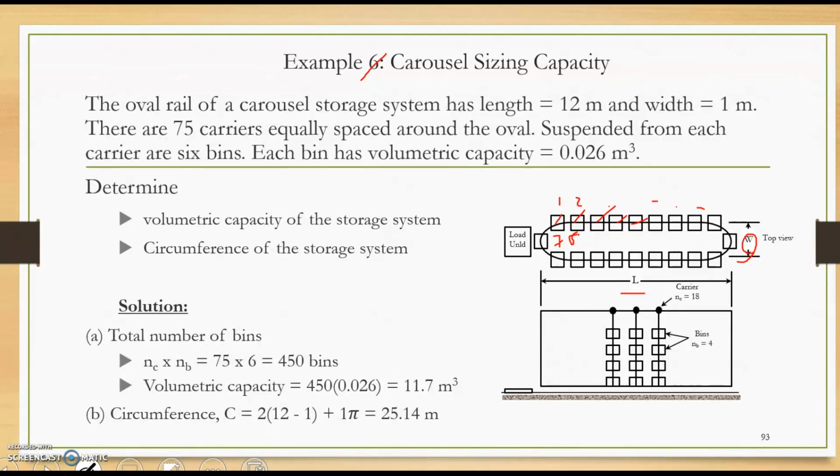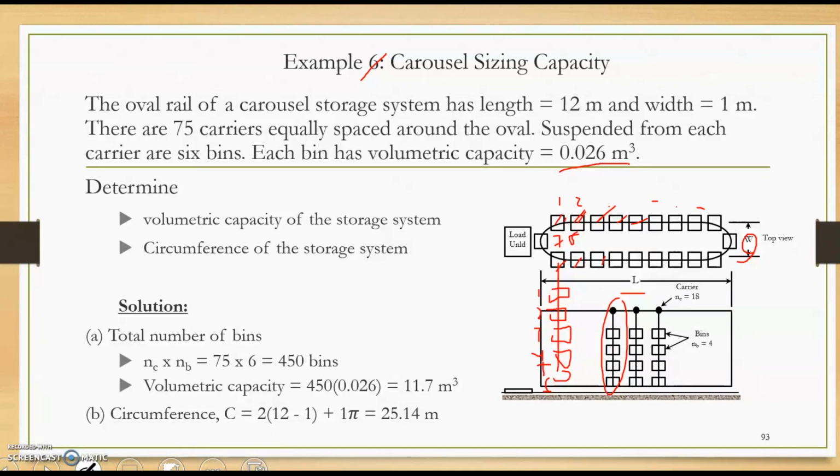Suspended from each carrier are 6 bins, so each carrier carries 6 bins. Each bin has a volumetric capacity of 0.026 cubic meters. So determine the volumetric capacity of the storage system.